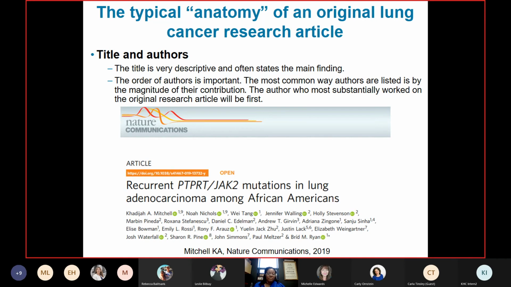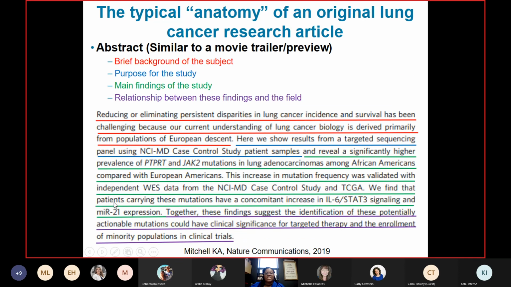The most common way that authors are listed on lung cancer research articles is by the magnitude of how much they contributed to the study. So the author who is first would have contributed the most to this research. In this example, this is a first author paper because I spearheaded this particular study. Right?